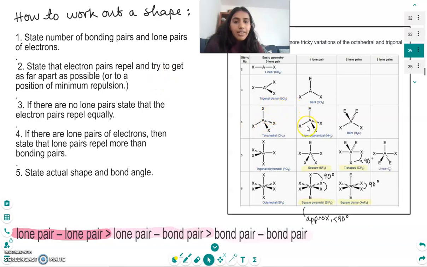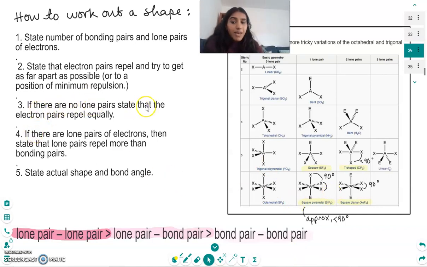Then as you take away, if it's 1 lone pair, you look at trigonal pyramidal, or pyramidal. And if there's 2 lone pairs, you know that it's going to be bent. So I want you to work methodically from the basic geometry, which is without considering lone pairs, and then determine, depending on how many lone pairs you have in your molecule, what shape it would be.